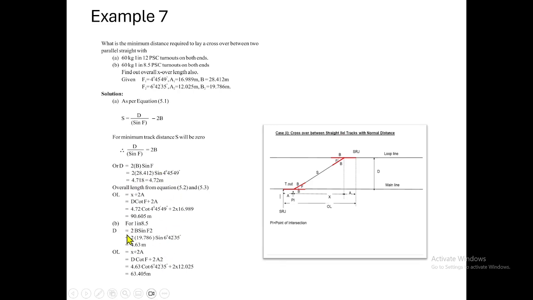So when you are providing 5.3, definitely it will be satisfied. It will always be 4.72 and 4.63 only, so there won't be any issues. This is to find out the minimum track distance in case of 1 in 12 points and crossing, and in case of 1 in 8 points. This is something about it.